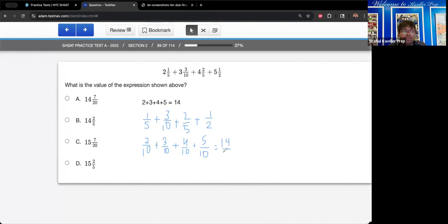Wait, no, I'm sorry. 14 over 10. So the answer is just going to be 14, which is here. That's when we added up all the numbers, plus 14/10, which is the fraction. 14/10 as a mixed number is 1 4/10. So this would be 15 4/10, and 4/10 simplifies to 2/5.